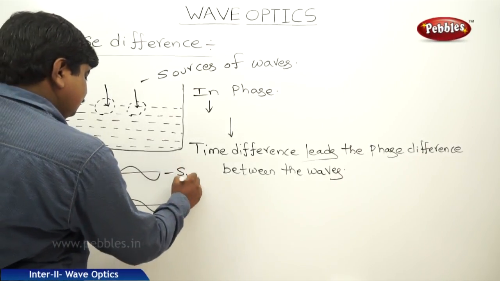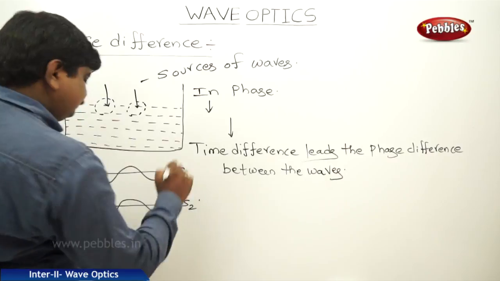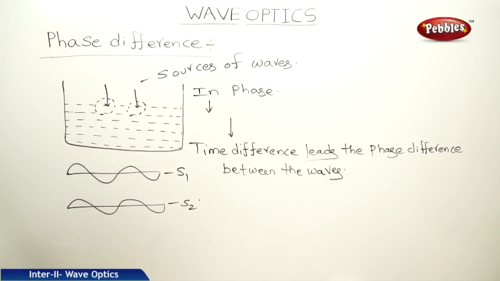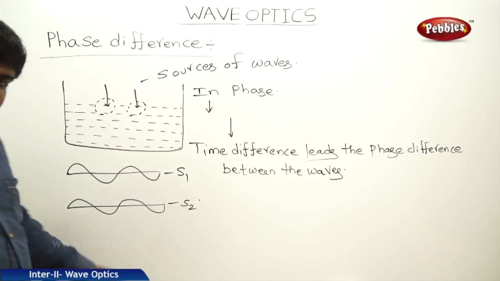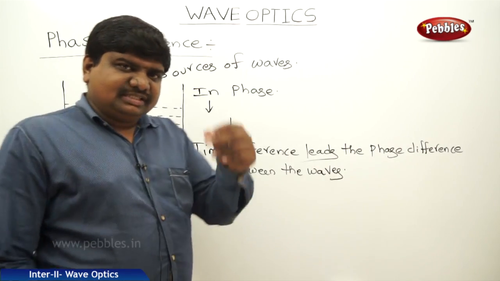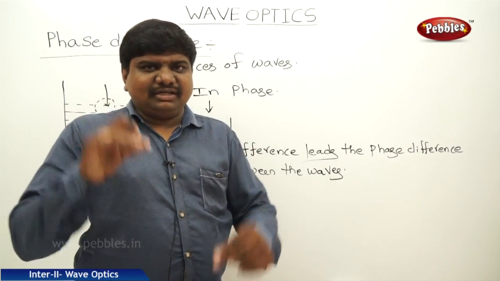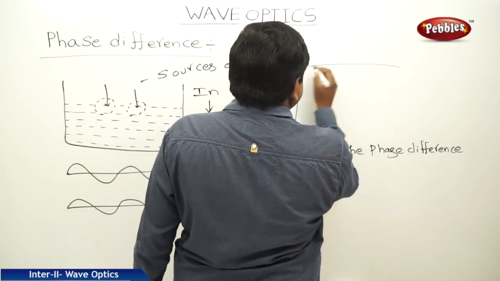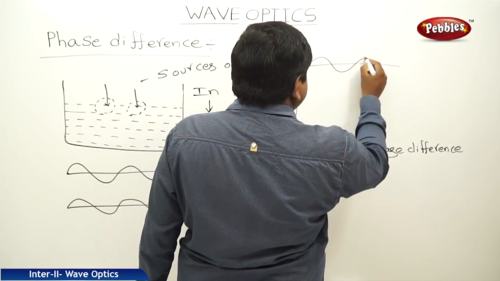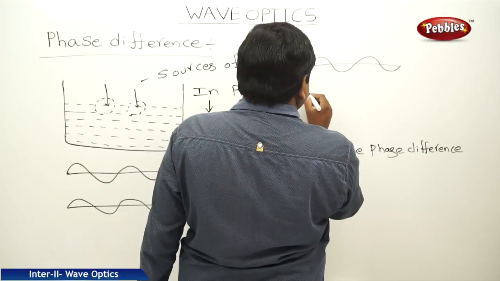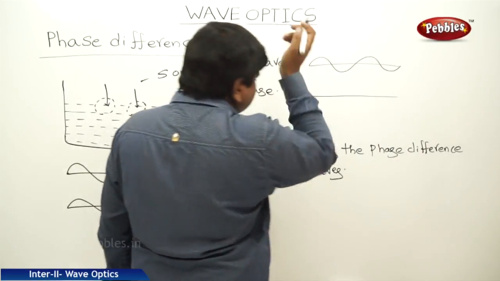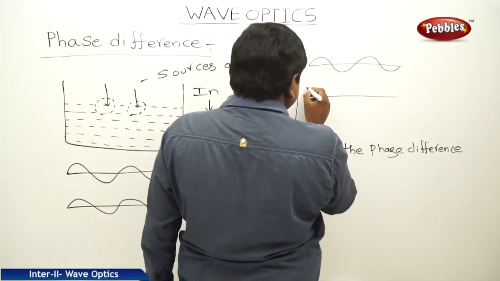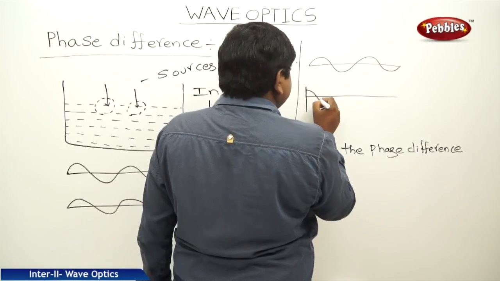Source 1, source 2. But if these two sources do not act simultaneously on the water, then the wave pattern may be like this. One is like this. The second one maybe like this.